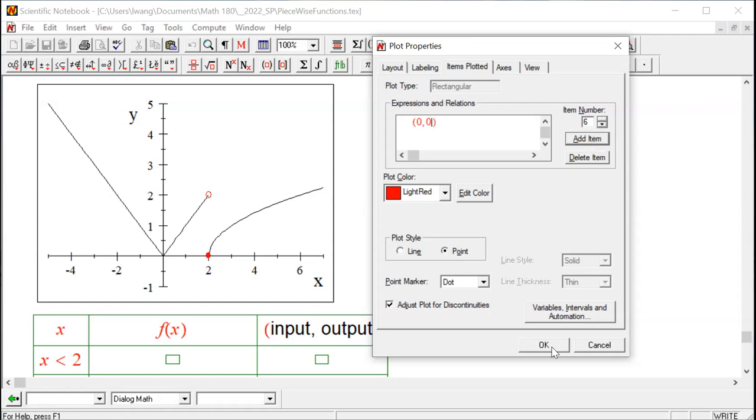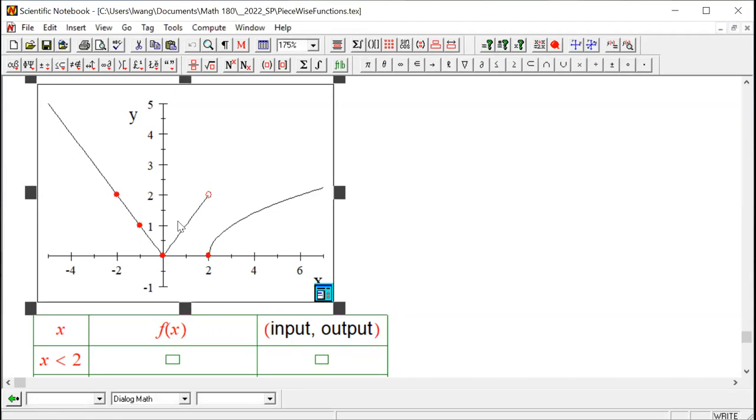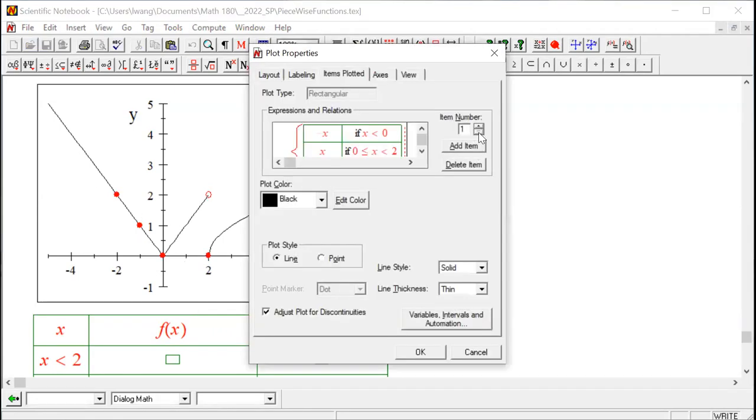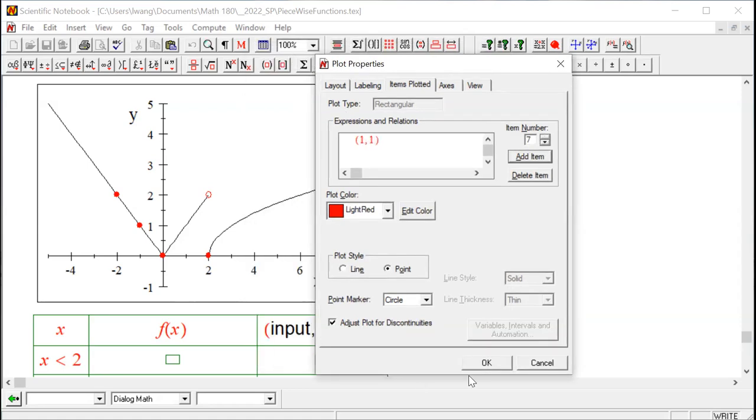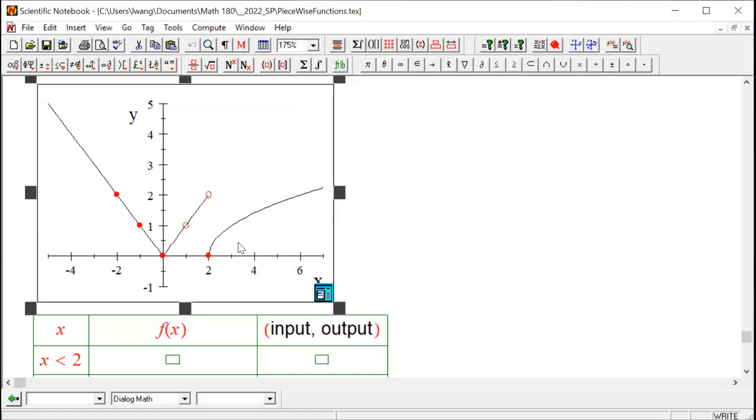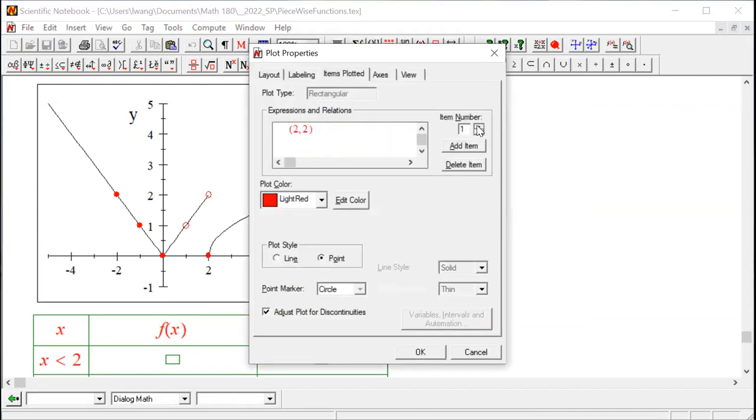These are the dots we have placed on the first rule. For 1, 1, of course, we also have another dot. Oh, that should not be the circle, my bad. That should be a dot.